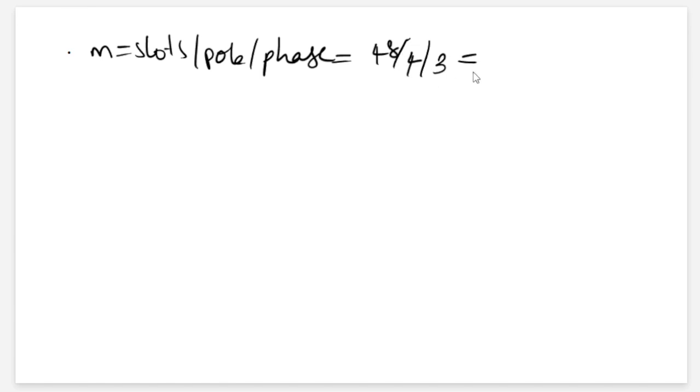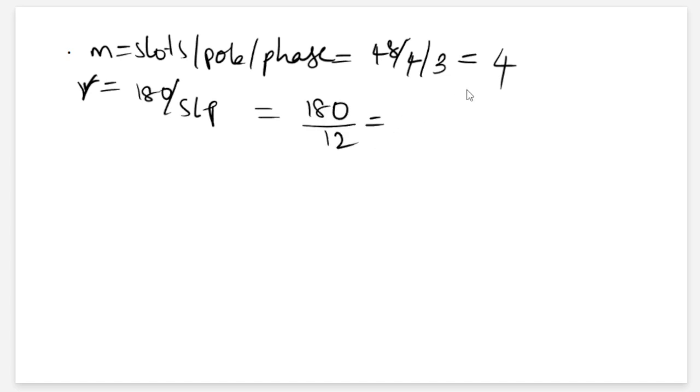We get 4. Here gamma is equal to 180 by slots per pole, 180 by 12, which is equal to 15 degrees. Here sigma is equal to m gamma, 15 into 4, we get 60 degrees.